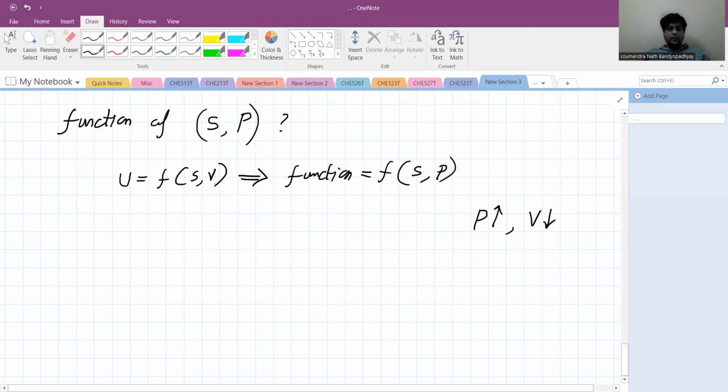And why am I talking about replacing volume by pressure? We know that U is the internal energy, so that is the energy term. So what is the conjugate variable of volume? It is termed as conjugate variable.